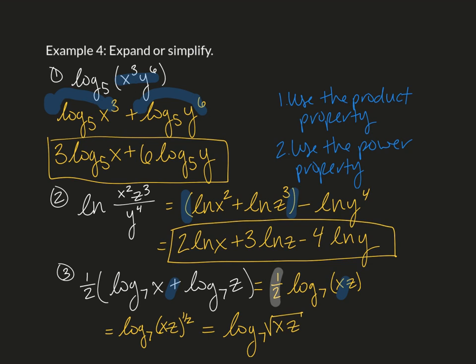And because it's multiplied out front, I recognize that means it has to become a power. So it goes up to be the exponent. And then I just remembered that anything to the 1/2 power means the square root of it. So I have log base 7 of the square root of xz.